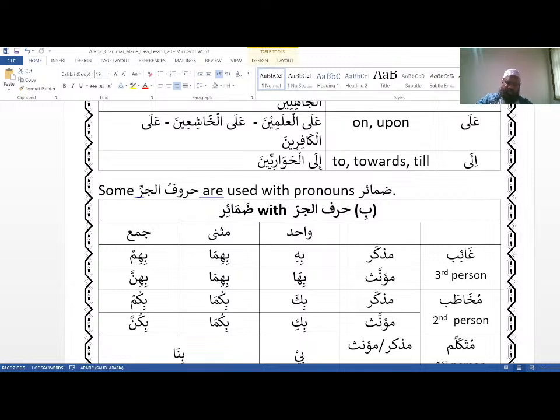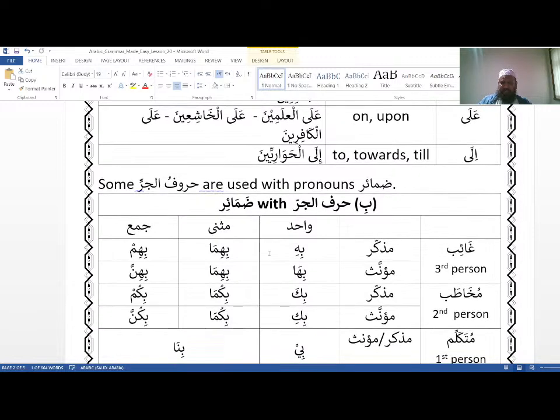On the right hand side we have the persons غائب مخاطب متكلم. On the top we have واحد مثنى جمع, and over here we have the gender مذكر مؤنث. So به، بهما، بهم، بها، بهما، بهن، بك.